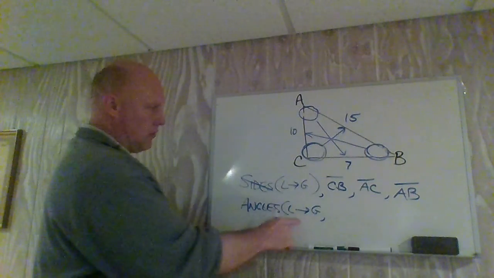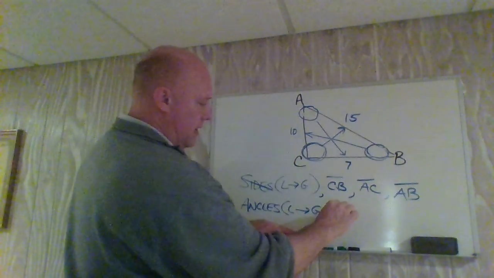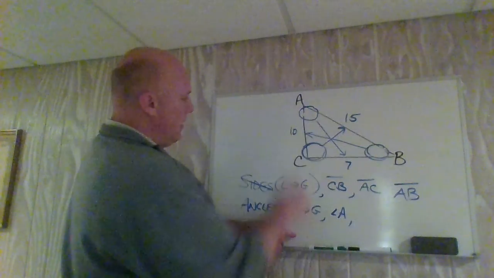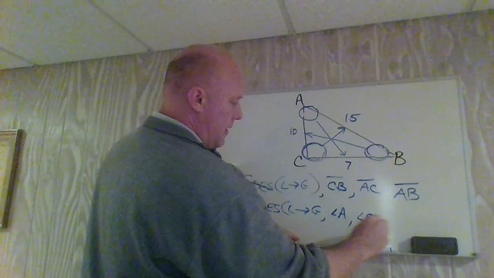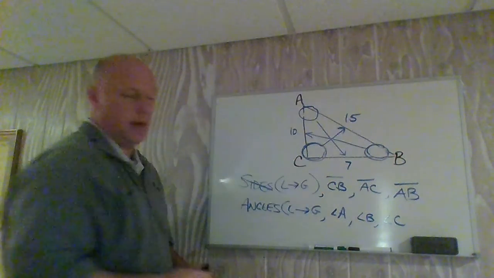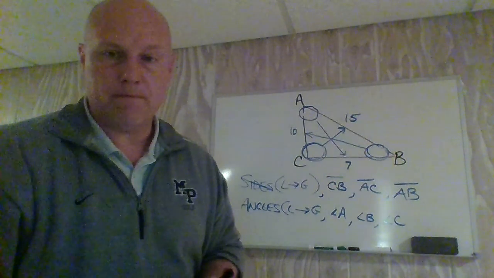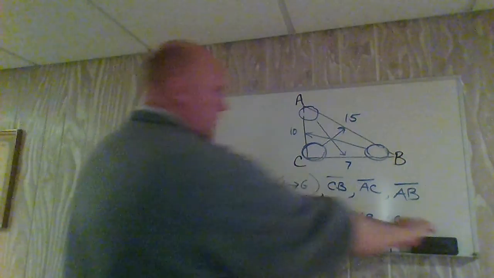And I said, list the angles in order from least to greatest. Well, this is the smallest side, so the angle opposite would be angle A. The middle one would be angle B, and then angle C, because it's opposite the biggest side, that has to be the biggest angle. And you had some homework in your packet on that.